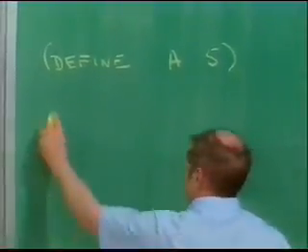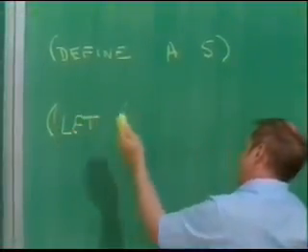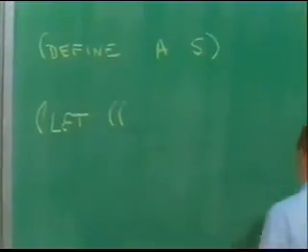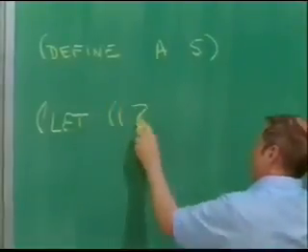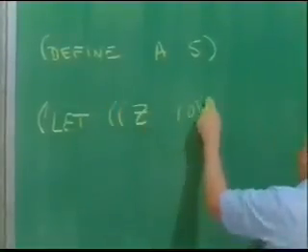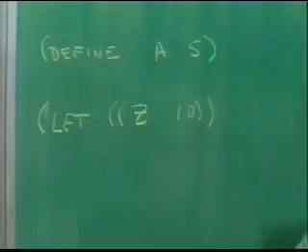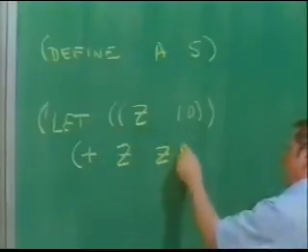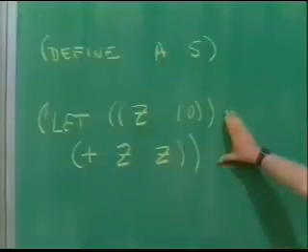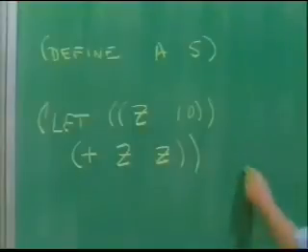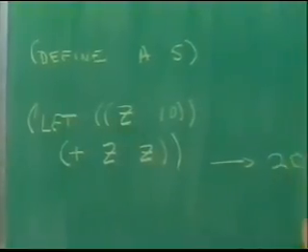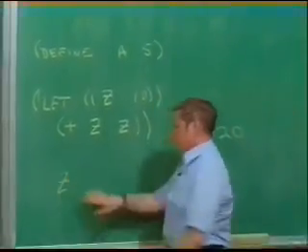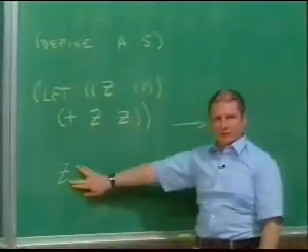So if I type something like, let Z be 10, and within that context tell me what the sum of Z and Z is. So if I typed in this expression to Lisp, this would put out 20. However, then if I said what's Z, the computer would say that's an unbound variable.